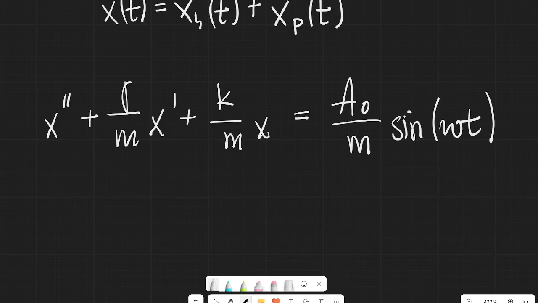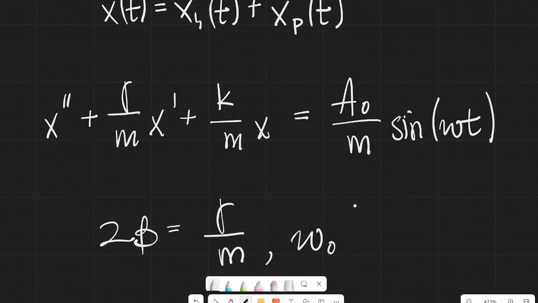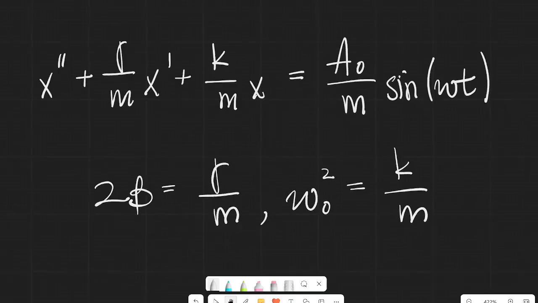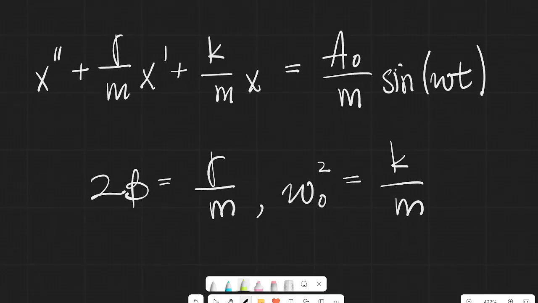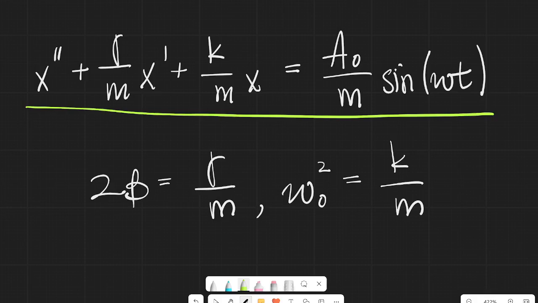I'm also going to define a couple of dummy variables. And I will recast this equation with these dummy variables substituted.